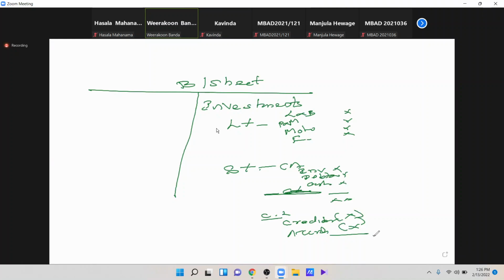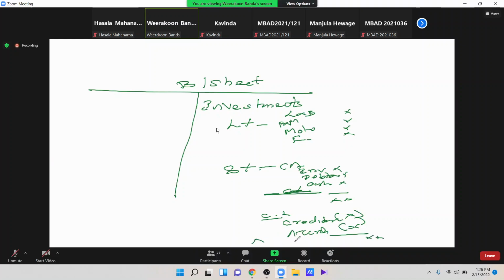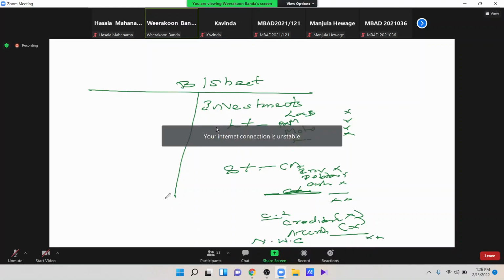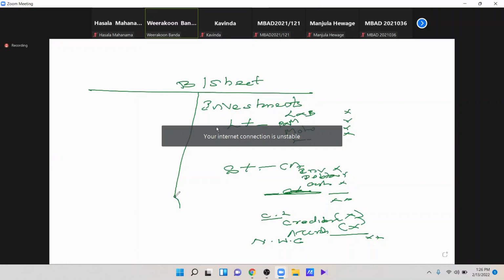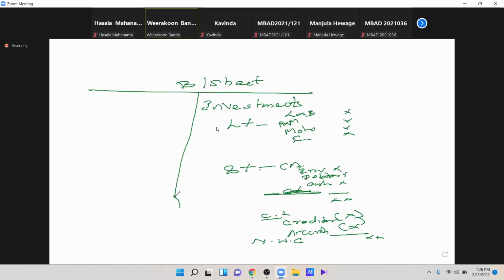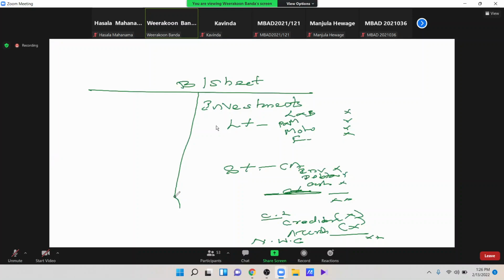Then ultimately we estimate the net working capital. Taking all of this, in finance we call it investment.